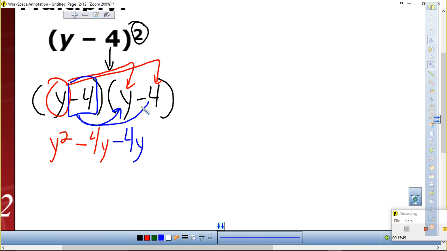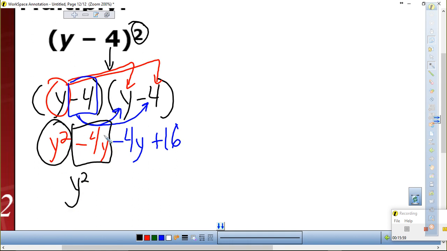What is negative 4 times negative 4? Positive 16. Okay. Let's see. Do we have another y squared? No. Is there another y? Yes. I can combine these, so I write y. What is negative 4 and negative 4? Negative 8. That is correct. And then just bring down the last part.